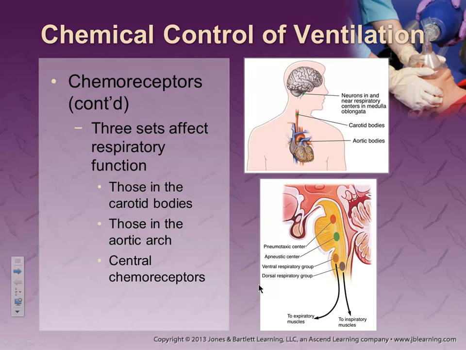The carotid and aortic arch chemoreceptors measure the CO2 in the arterial blood. The central chemoreceptors are going to monitor pH in the cerebrospinal fluid.